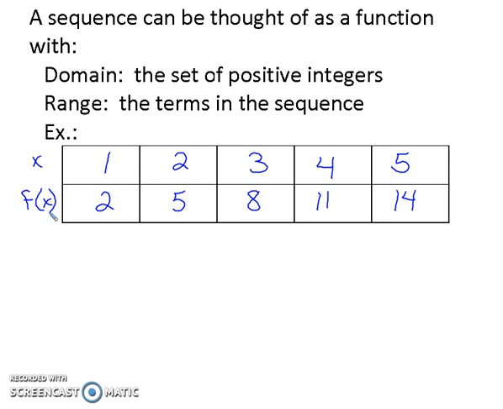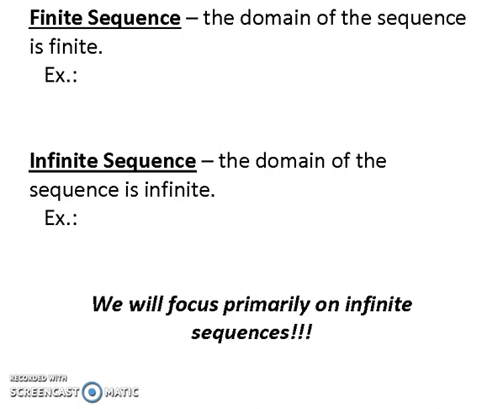Before we come back to this, though, I want to define 2 particular types of sequences. You have a finite sequence in which the domain is finite. That means it ends. So, for example, 2, 5, 8, 11, 14 is finite because it ends at 14.